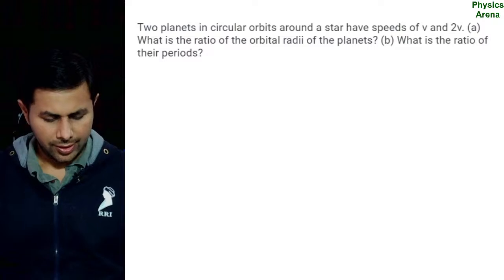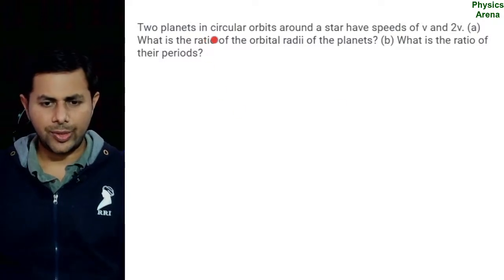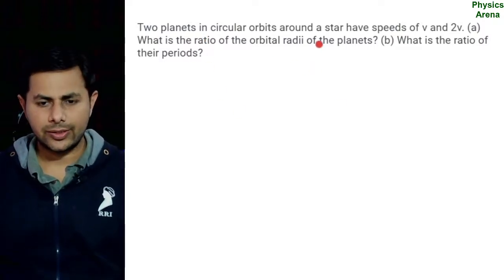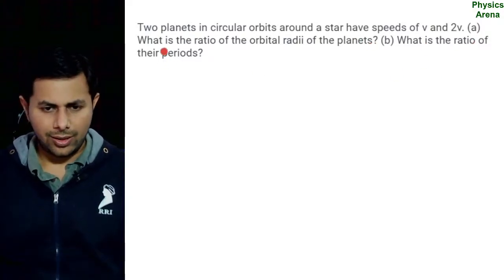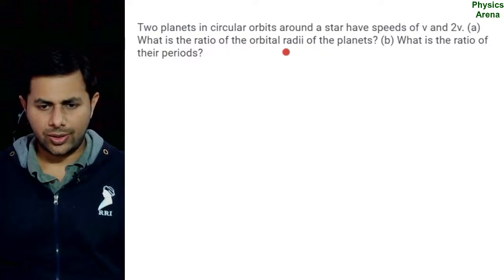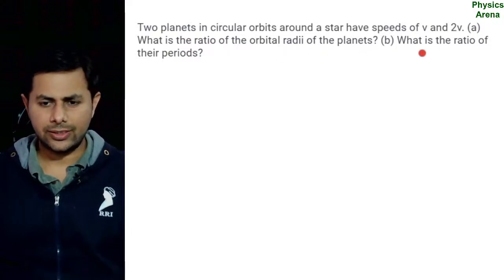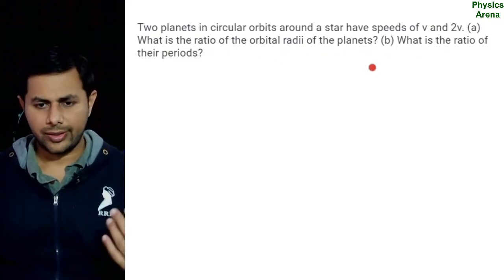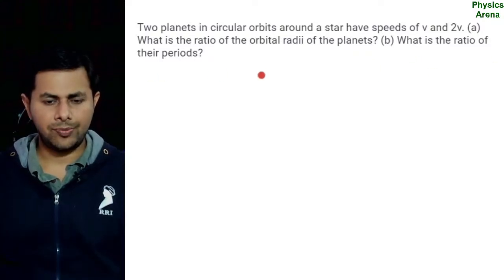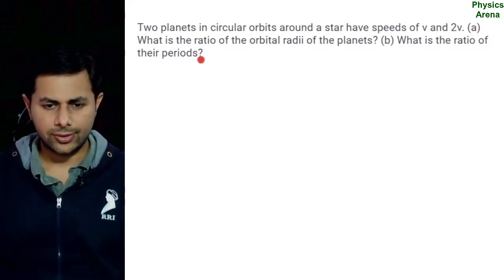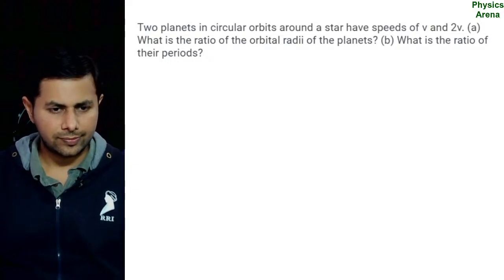Okay. So here we have two planets in circular orbits around a star, and they have speeds v and 2v. A, what is the ratio of orbital radii of the planets? We have to find the ratio of orbital radii, and what is the ratio of their periods. So there are two questions.